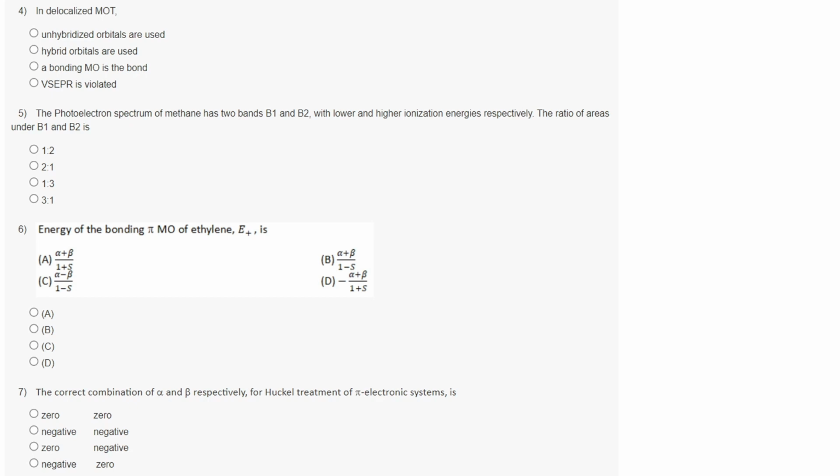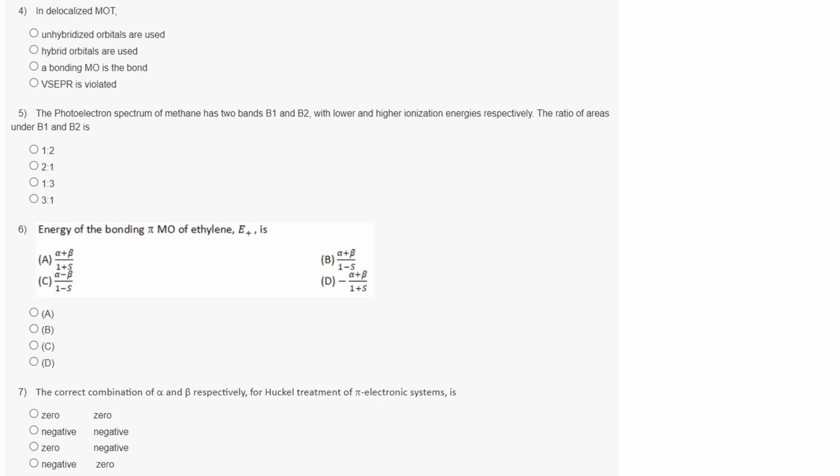Now question number 5: the photoelectron spectrum has two bands B1 and B2 with lower and higher ionization energy. The ratio of areas under B1 and B2. Acha, it is for methane. We have discussed already, right? So you will be able to do this. Now question number 6.